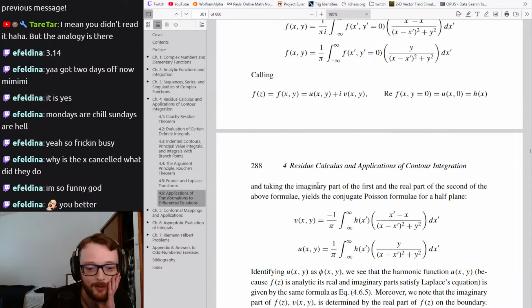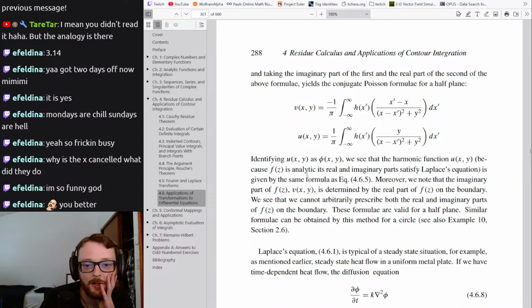Okay, yes. I see it. And so real part, imaginary part. Identifying u of xy as phi of xy.